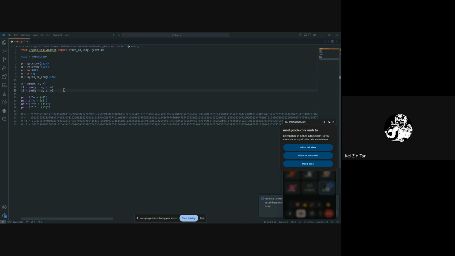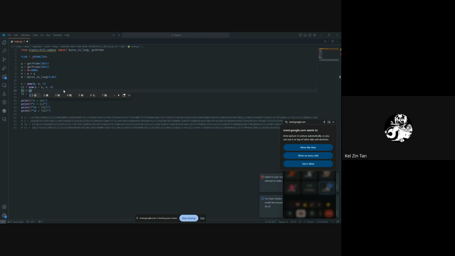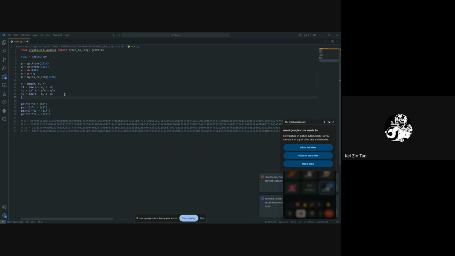So the trick is to do binomial expansion. (P plus Q) to the power of e is just this whole thing, and basically all the middle terms cancel out. So you have that (P plus Q) to the power of e is equal to this, and (P minus Q) to the power of e is equal to this.